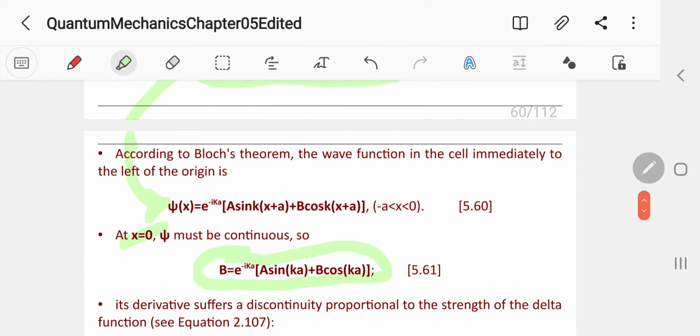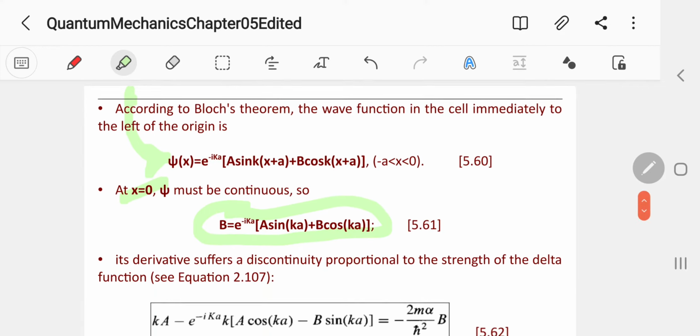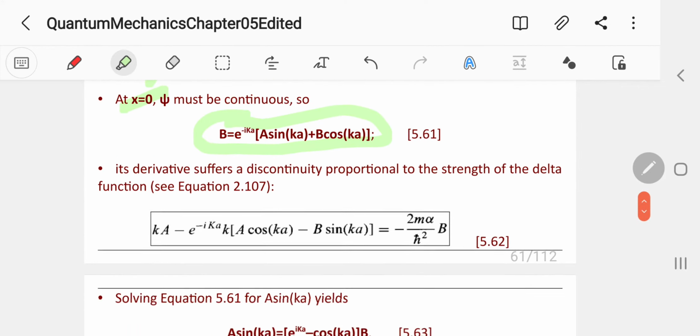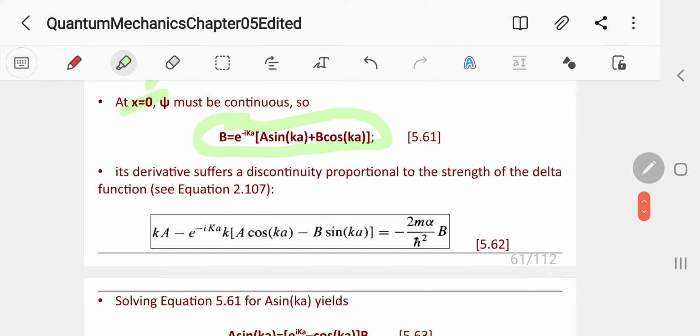And also the continuity of the wave function's derivative at the boundary is affected, as we have solved in the second chapter. It's affected by the delta function. So there's a discontinuity when you pass through a delta function, and that's the derivative, so you have to get the derivative of the wave function, and the discontinuity is given by this one here.